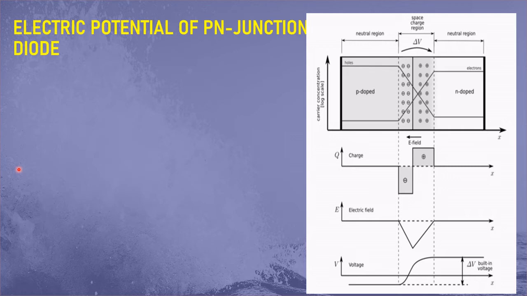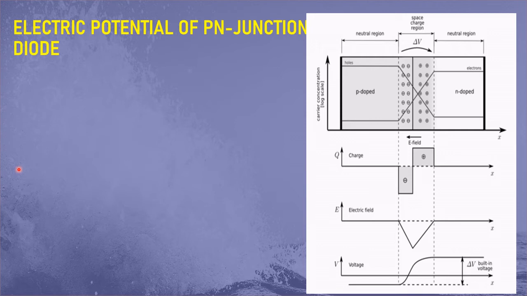In the previous class, we discussed the electric field of the PN junction diode. In this topic, we discuss the electric potential. So now we know the electric field calculation, and we know the electric field in the P region and in the N region.